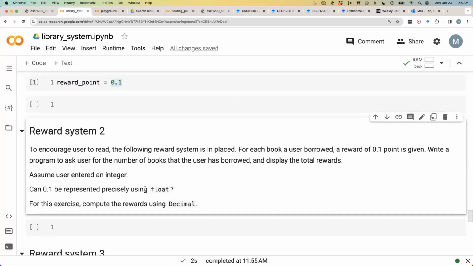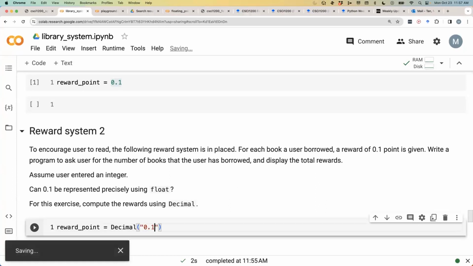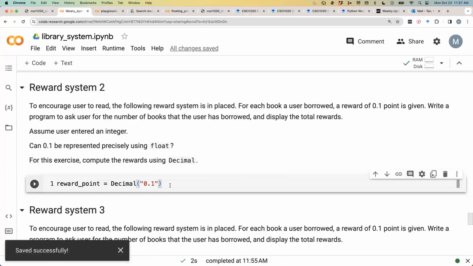So if you want it to be precise, we can compute the reward using the library decimal. So the second system, you're going to do reward point is equal to Decimal 0.1. Okay, and then you will get precise computations of the total reward point.